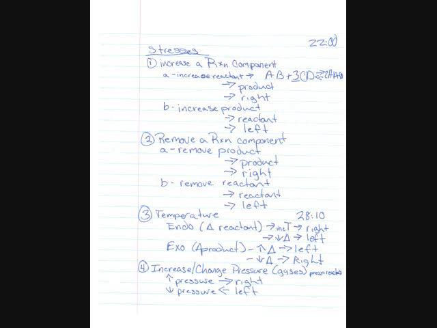Okay, so if I remove product, it's going to shift to product, or shift right. Because again, it's trying to get everything equal.